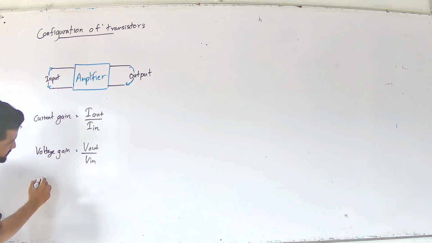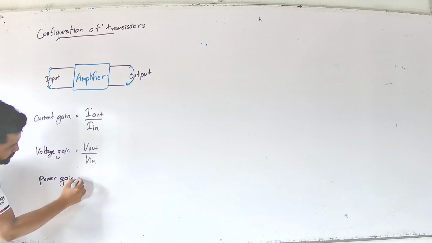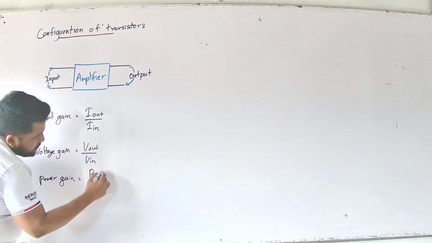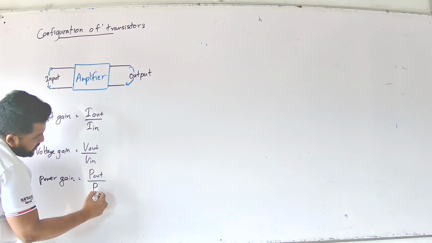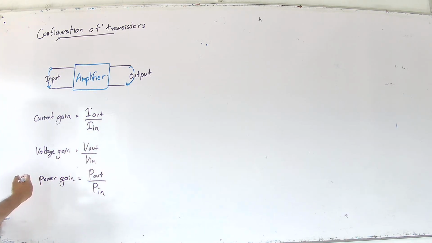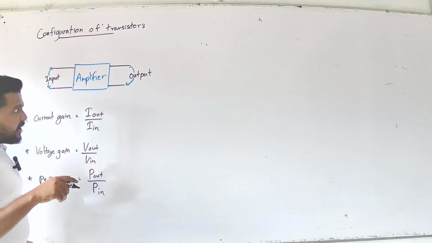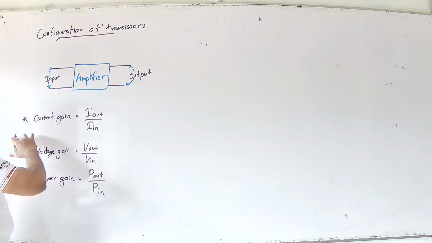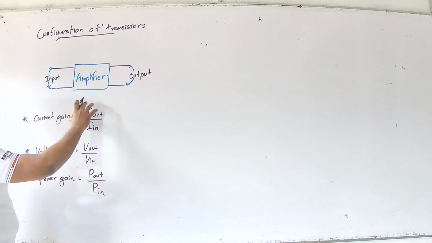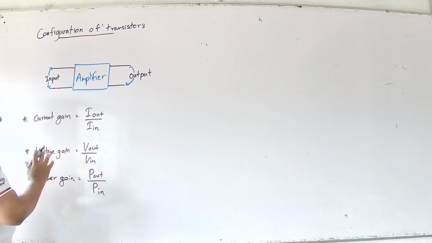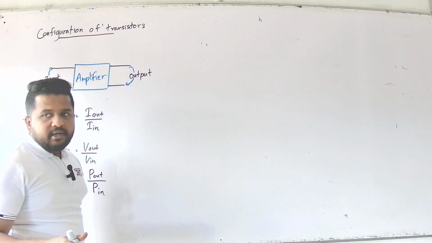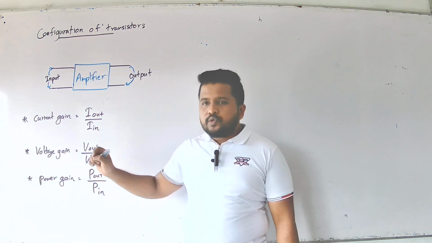Then power gain, P out over P in. So we need to find out these three parameters. If some configuration has the best current gain, best voltage gain, and the best power gain, that configuration needs to be identified. Then we have to use that configuration.